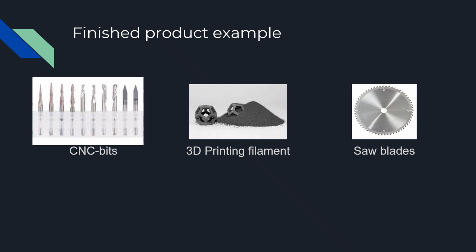Finished products. The tungsten powder can now be transformed into many finished products, three of which are, for example, CNC bits, where tungsten's hardness makes it perfect for cutting through tough metals; 3D filament, where tungsten is mixed into polymers to create strong, heavy, and even radiation shielding parts in 3D fabrication labs; and saw blades, especially those with carbide tips, which stay sharp much longer than steel alone, which makes tungsten a good fit for saw blades.